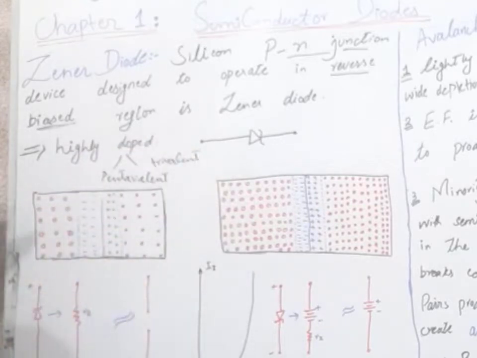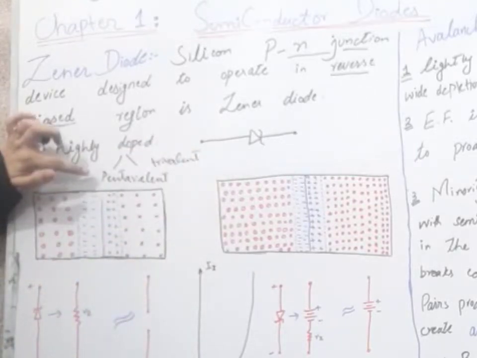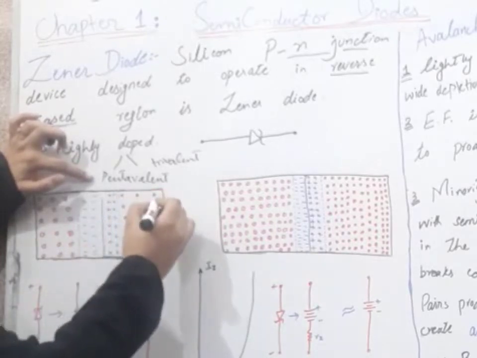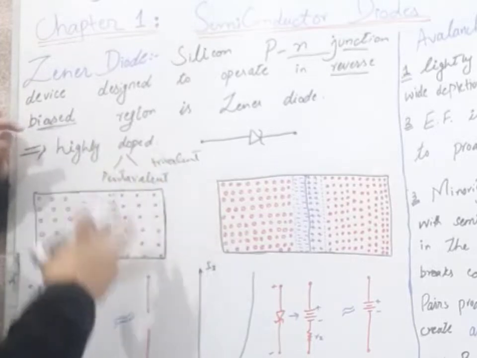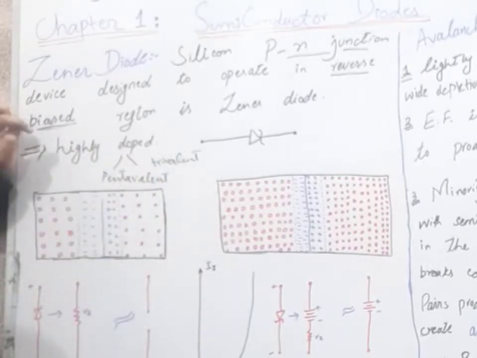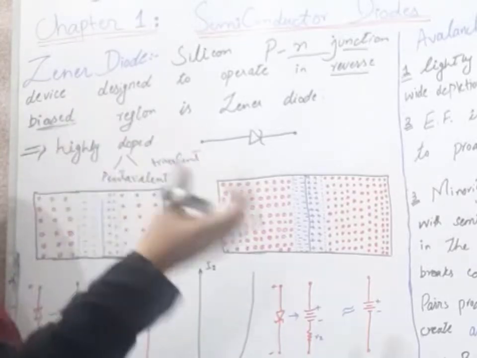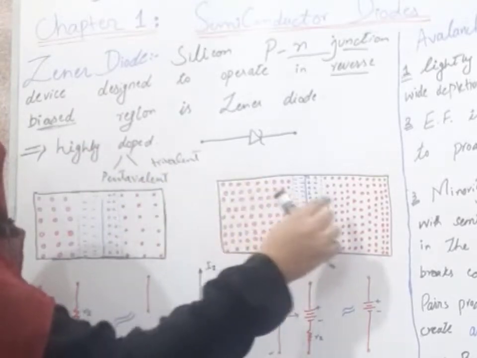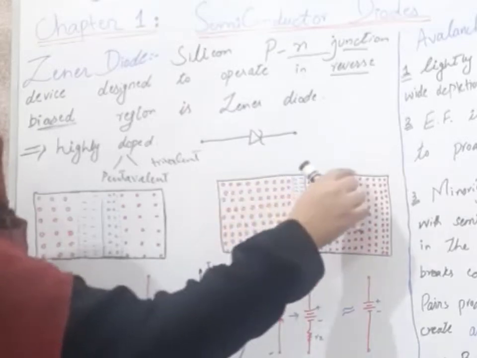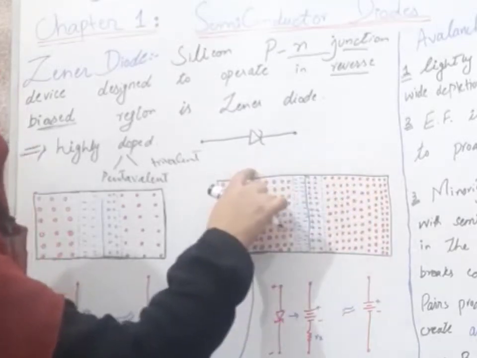When pentavalent doping is applied we have electrons, and when trivalent doping is applied to silicon or germanium, we have this p side structure with holes, and this is the normal diode. When we increase the doping level, we will have more electrons in the n region and more holes in the p region.